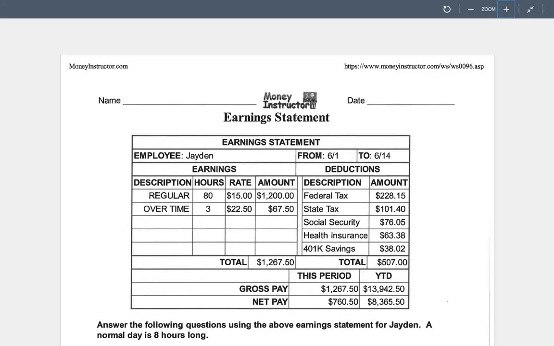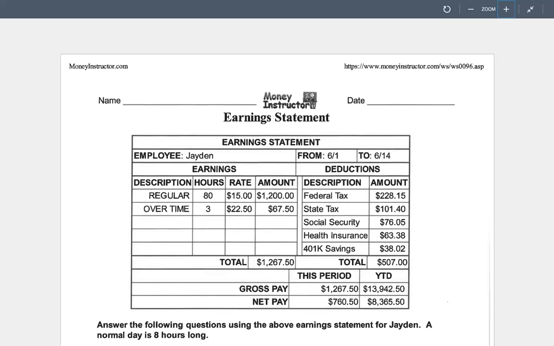So, here we have an example of an earning statement, which nowadays these are probably posted online or electronic versus you getting it with a physical check. Everything's mostly electronic now, but for this earnings statement, we're going to review it. So here is Jayden, the employee.